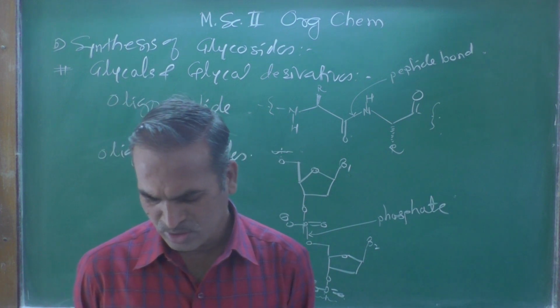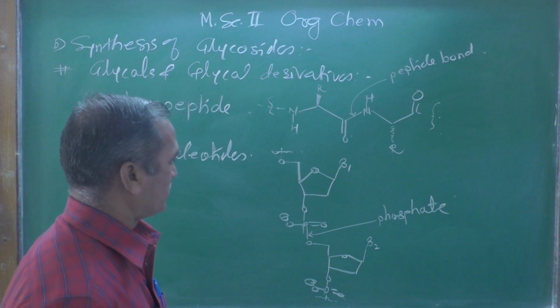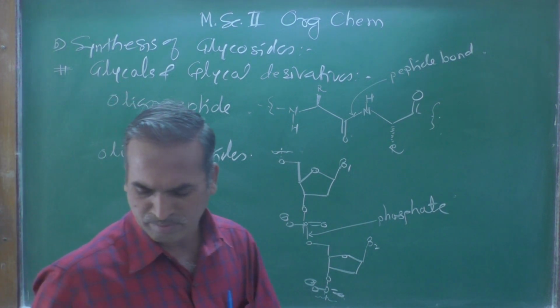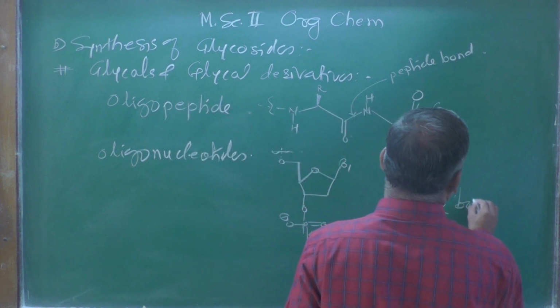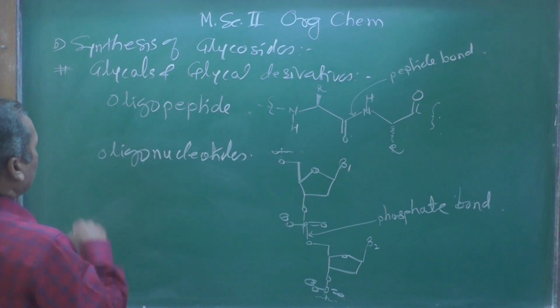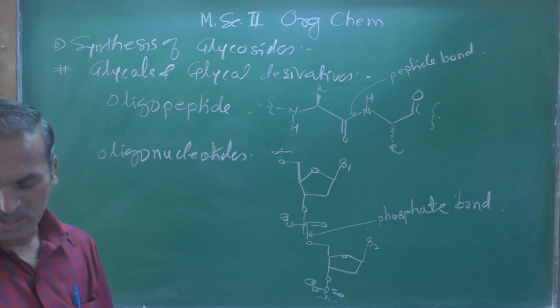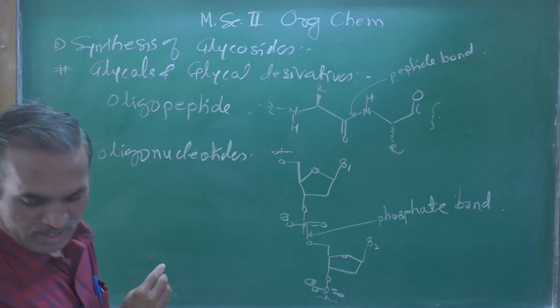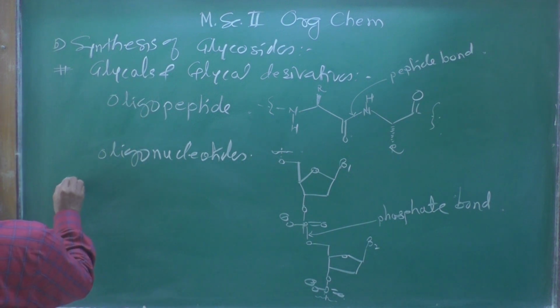Then the next one is oligosaccharides. Now this was about the phosphate bond. Here we observed the phosphate bond. Now in the third point we are doing oligosaccharides. In an oligosaccharide, how can we show this?